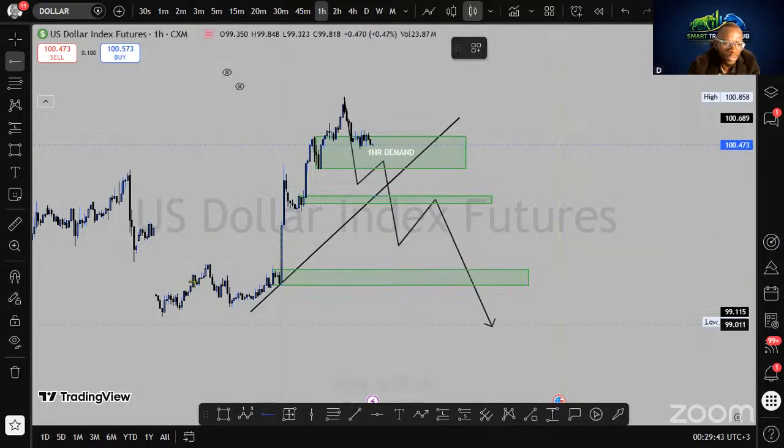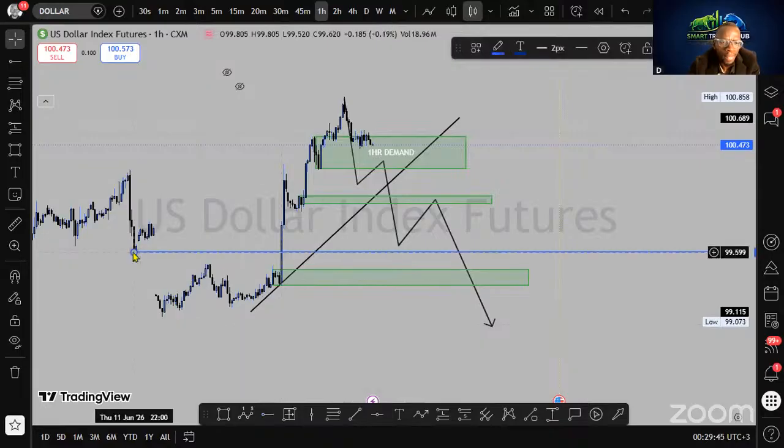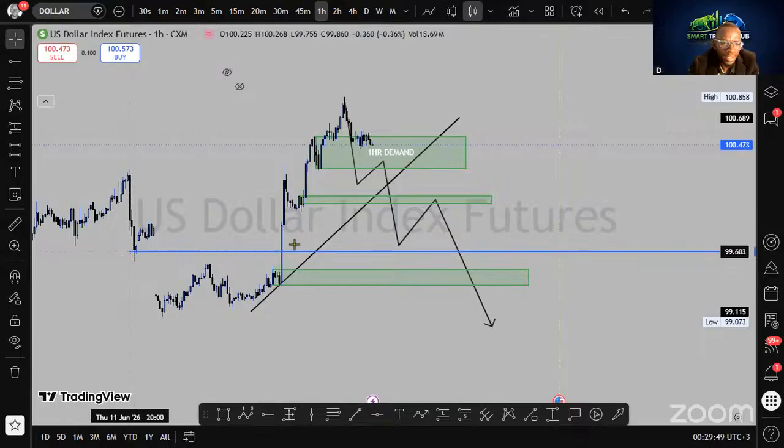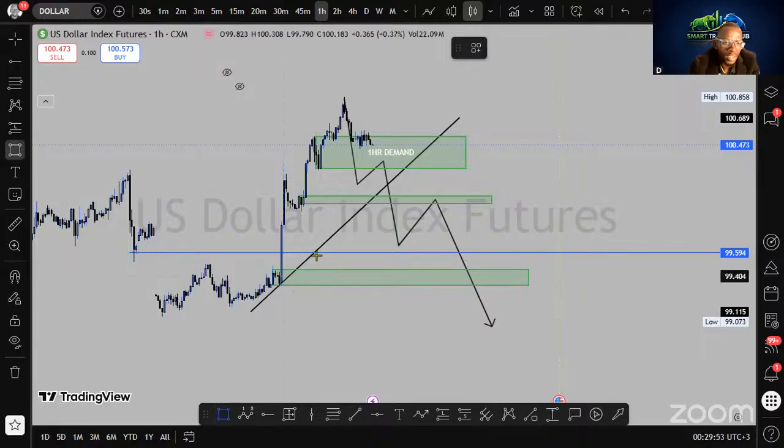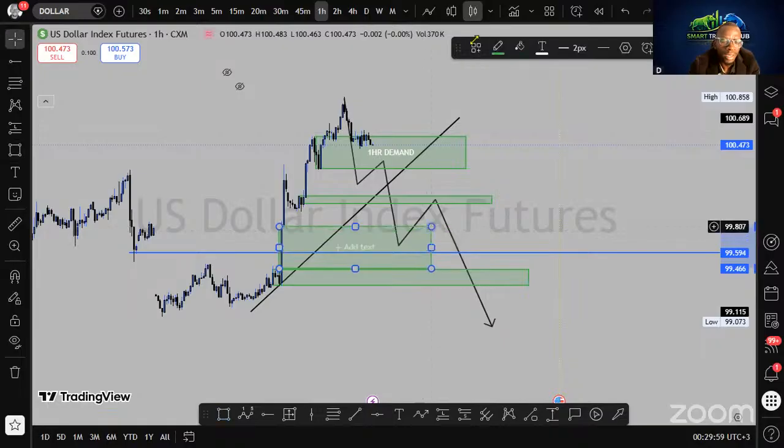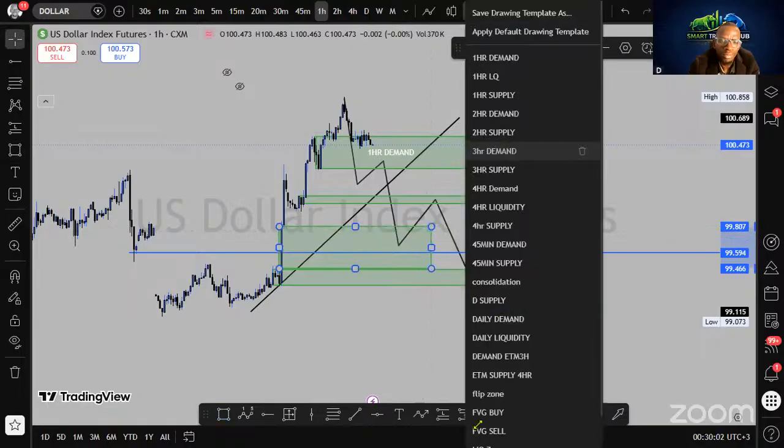So I'll not draw the fair value gap. I'll go with this because it's still in the middle point, but the fair value gap, the imbalance, is right here. If I draw the fair value gap, it will look something like this. Buy side fair value gap.